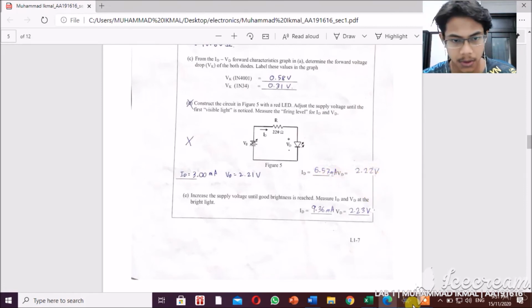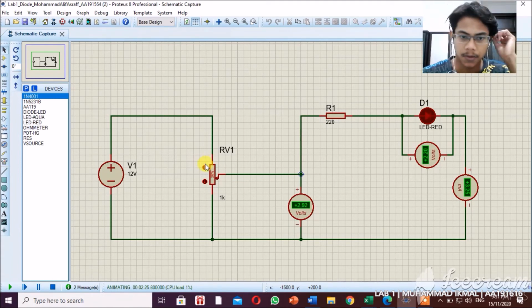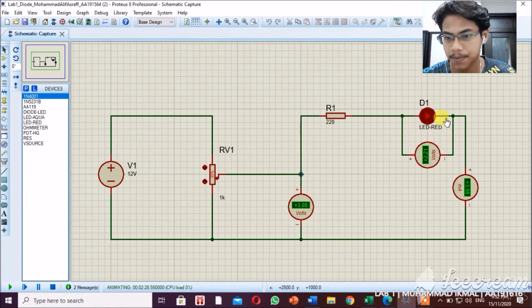So let's try in Proteus. The value that I get is 2.21 volt. See, the diode starts to light up at 2.21 volt, and the current is 3.98 milliamp.